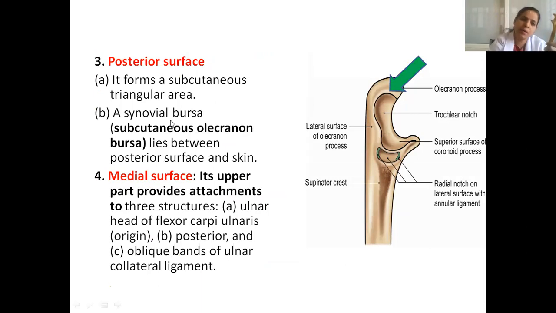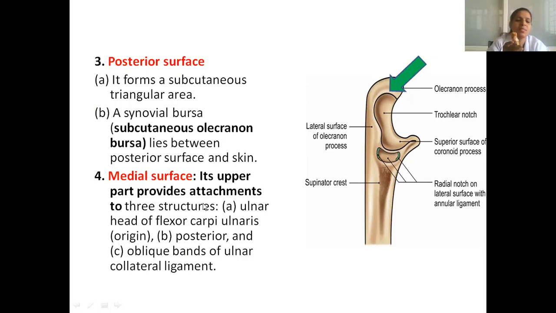If you just keep your hand over the desk like this, we are still able to balance it without pain because we have synovial fluid filled cavities. These are bursae which give lubrication and protection. So a synovial bursa is found on the posterior aspect of the olecranon process.